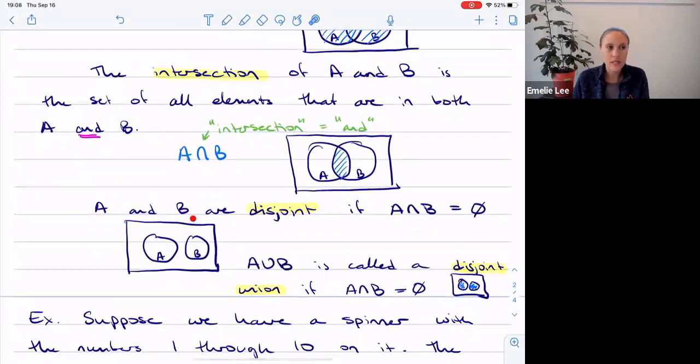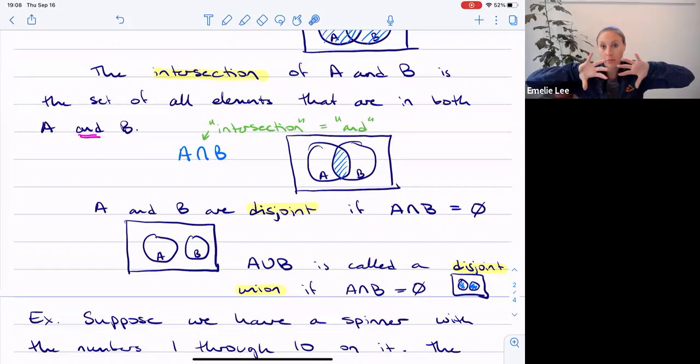If A and B are disjoint, then the intersection of A and B has to be what, if we know that they're disjoint? I'm kind of rephrasing it here, but disjoint, remember from probably Stat 230, is when you have no outcomes in common.